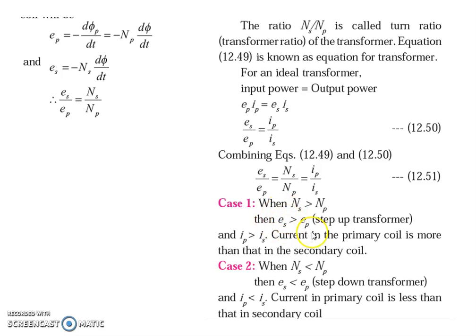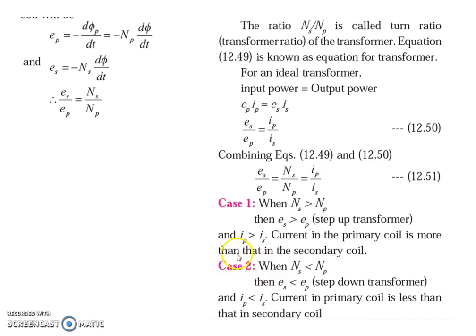When the induced EMF in the secondary coil is more than the induced EMF in the primary coil, it is called a step-up transformer. For the step-up transformer, if Ns is greater than Np, it means that Ip is greater than Is. So the current in the primary coil is more than that in the secondary coil.